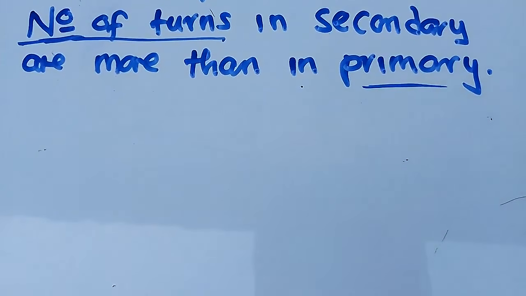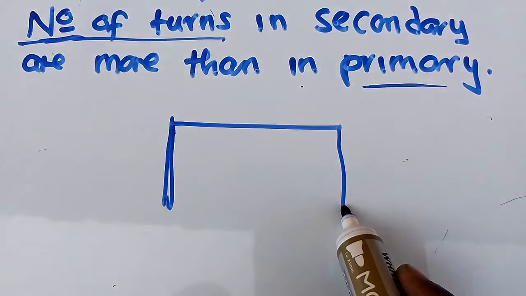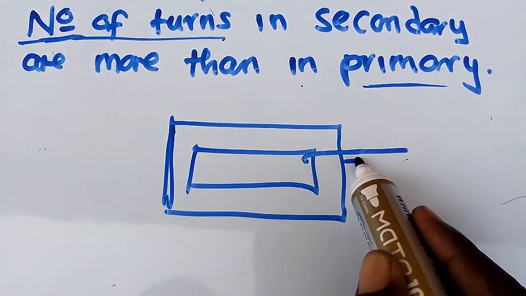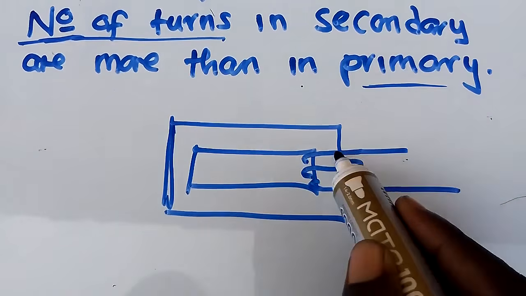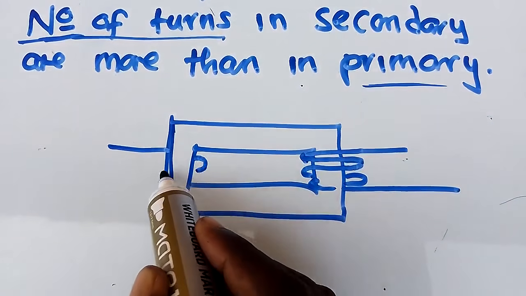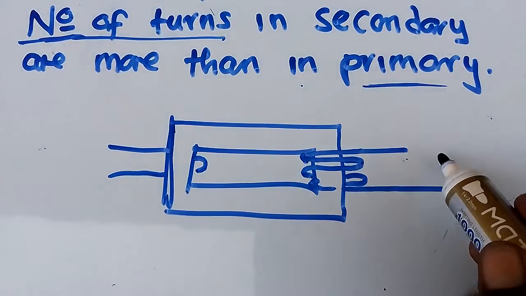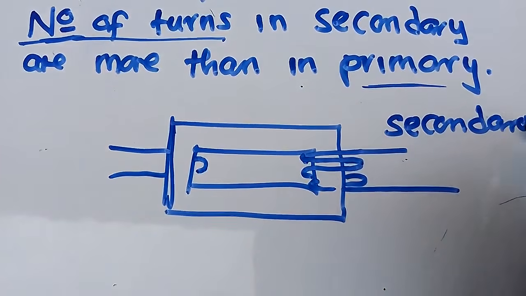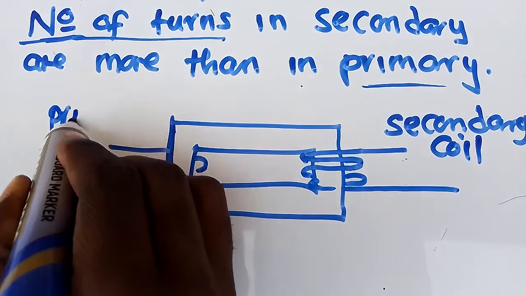An example that we can set up is this one. I'm going to put a simple transformer here so that we understand. Here is the secondary coil, and this is the primary coil.